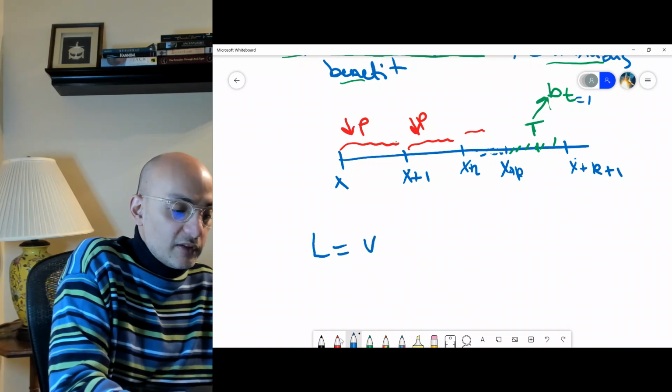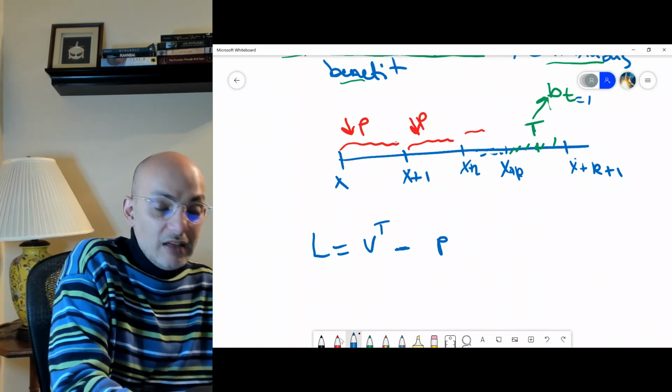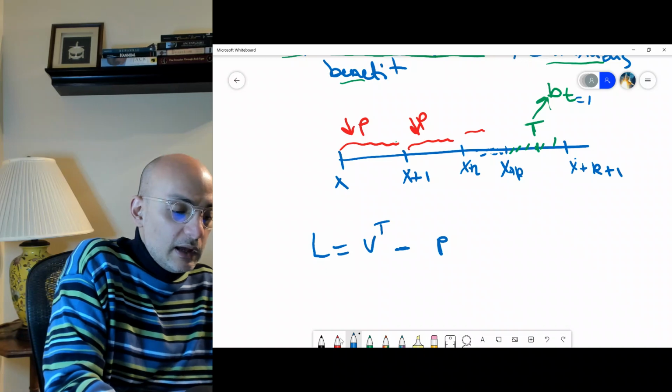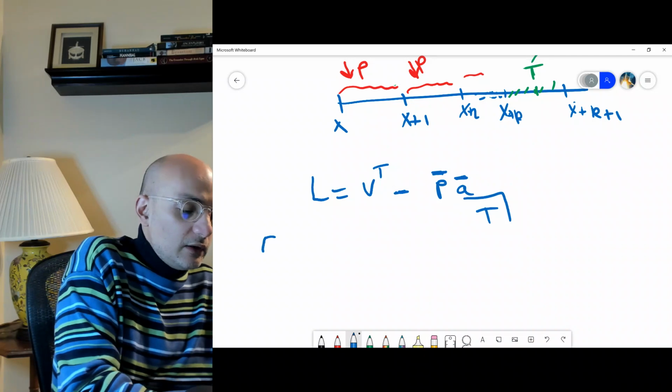Because death happens at time t, we have v^T, and we subtract the premium, but because it's a level premium that is continuously paid, we give it another continuous one, the annuity. So now we set the expected value of L equal to 0.